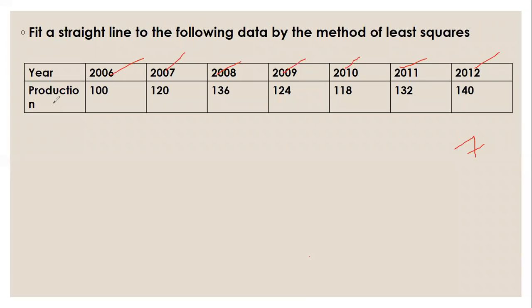And then coming to production, these are the Y values given to us: 100, 120, 136, 124, 118, 132 and 140. And what they have asked is to fit a straight line by the method of least squares.